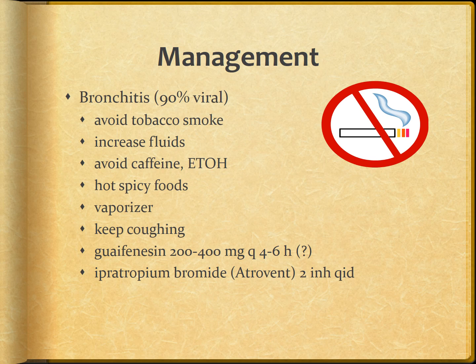So some patient education could include telling your patients to quit smoking, increase fluids, and avoid caffeine and alcohol. They could use some hot spicy foods, that could help. They could use a vaporizer, and remind them that the cough may last up to 3 weeks, and it lingers and is the last to go.